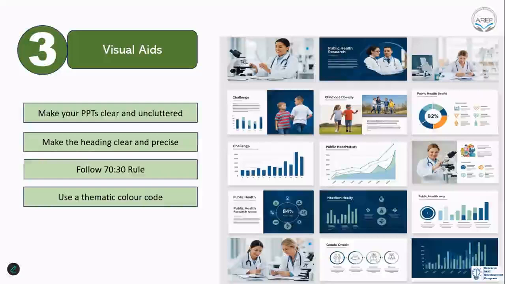Now you can see all the slides in this slide deck. This particular deck is all about public health research or biomedical research. You can see a color theme here. Medical basically uses blue, dark blue, or such kind of color code.